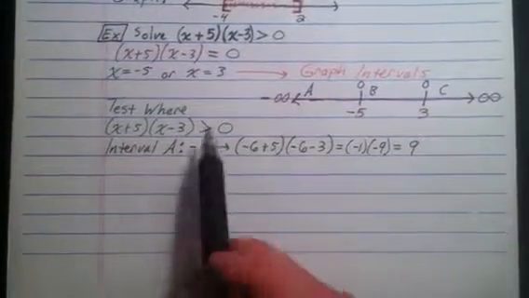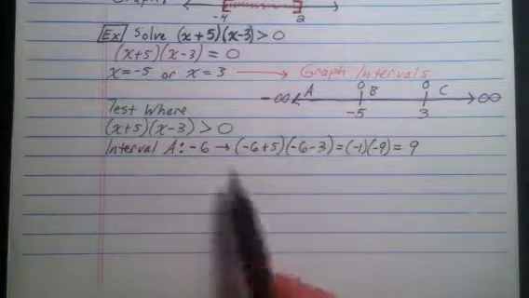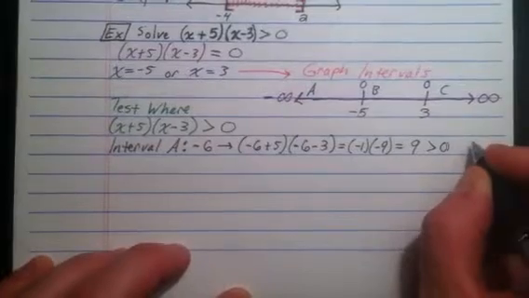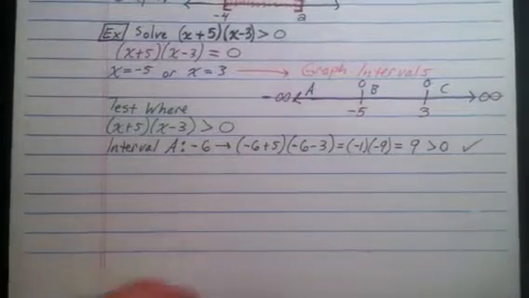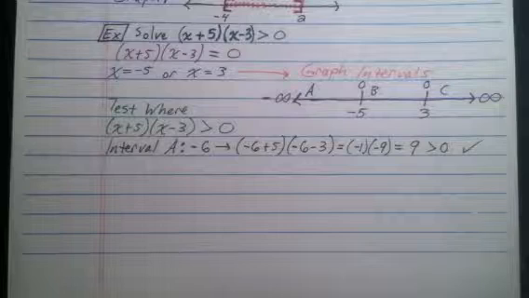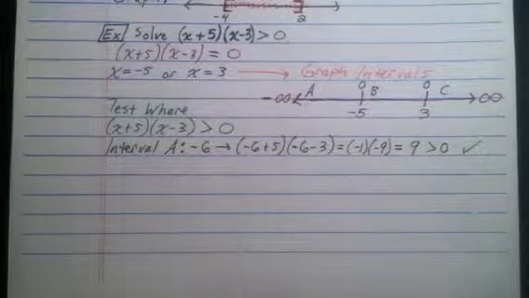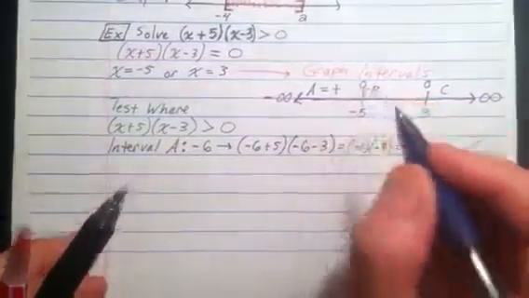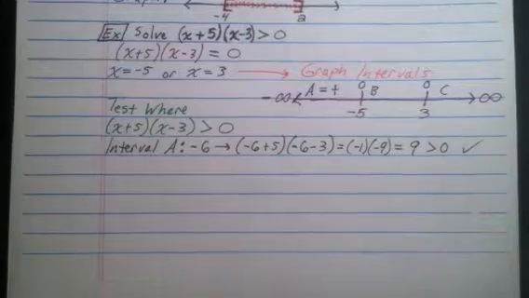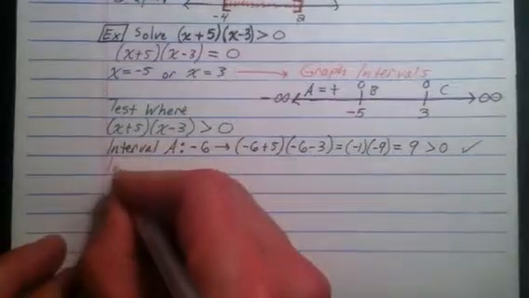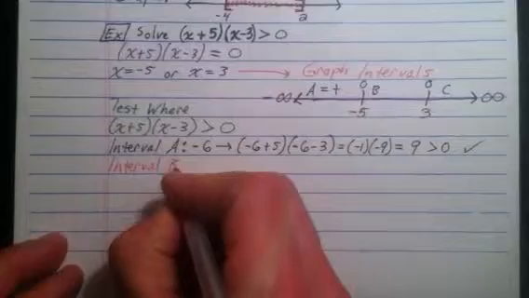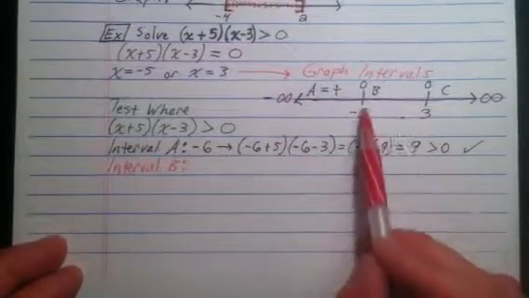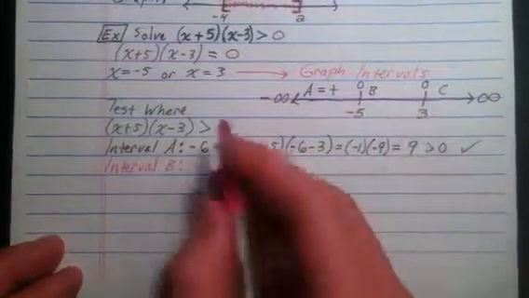Does it give us a true statement based on our inequality? Yeah, it gives us something greater than 0. So that checks. We know interval A is part of our solution because we got a positive answer. Then check interval B. Remember, if 0 is in the interval, use 0, and 0 is in between negative 5 and 3, so let's use 0.